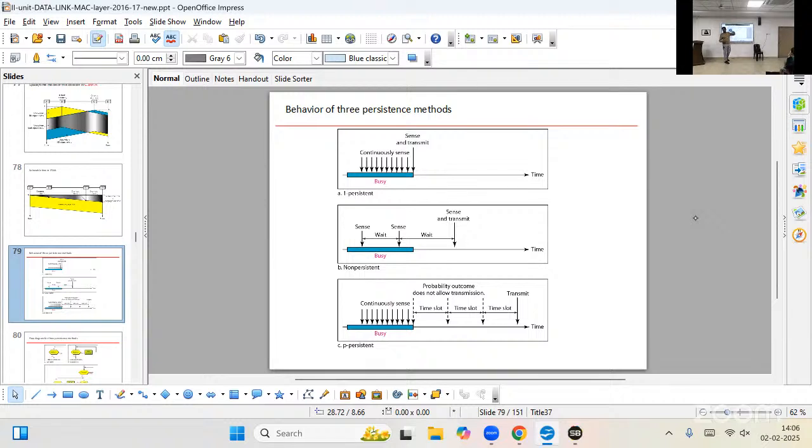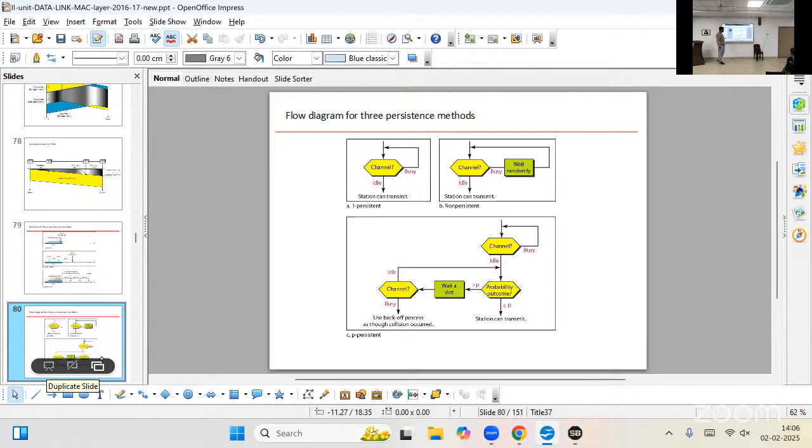If it is busy, we cannot; we have to wait for some random amount of time. If it is free, we send the data. And P persistent: with probability P of time, we sense the channel. Let's see the flowchart way; diagrammatically it is easier to understand.